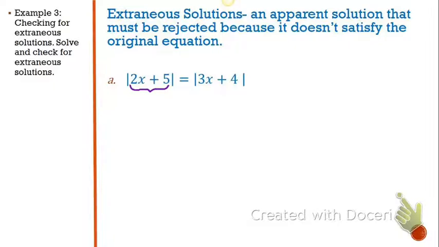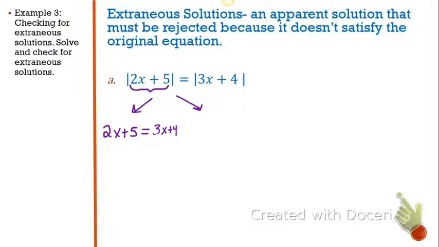So we're going to go ahead and take this, and we're going to go ahead and split it into 2, okay? So we're going to begin with 2x plus 5 equals, okay? This expression is going to equal the positive of this expression over here. So 3x plus 4.